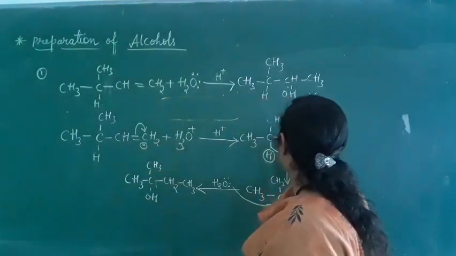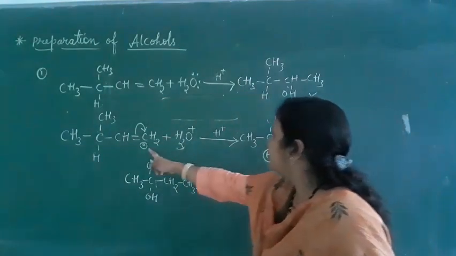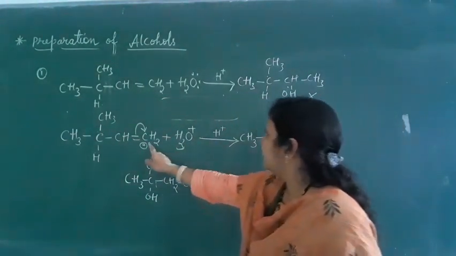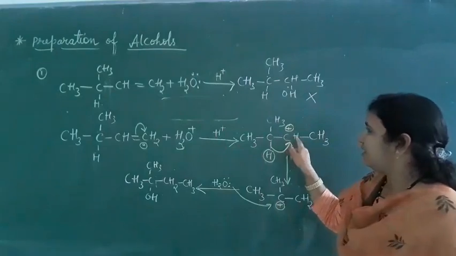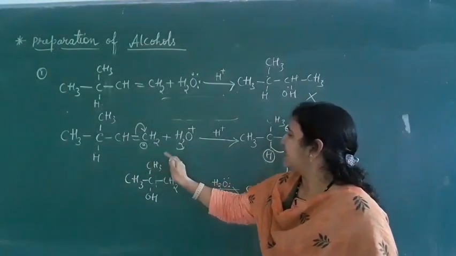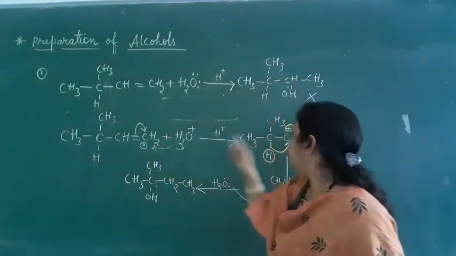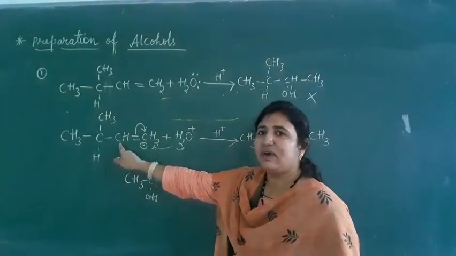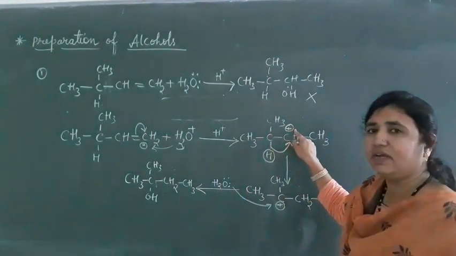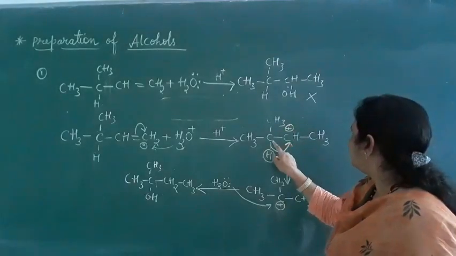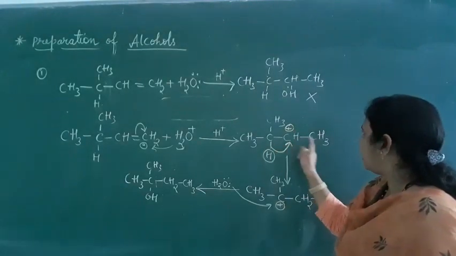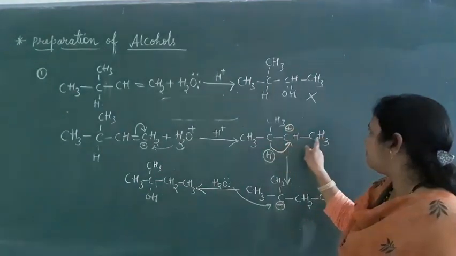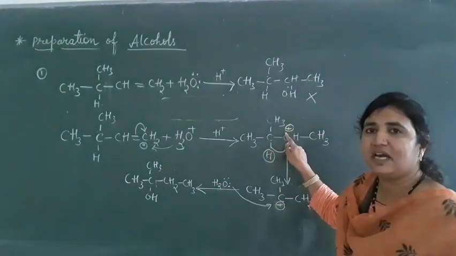This hydrogen comes here, so it changes into CH3, and on this carbon we will get a positive sign here. So this is a secondary carbocation, since two carbons are attached to this carbon.